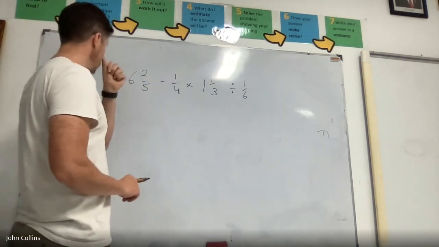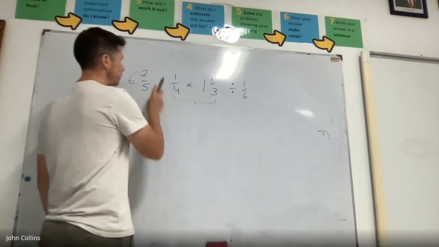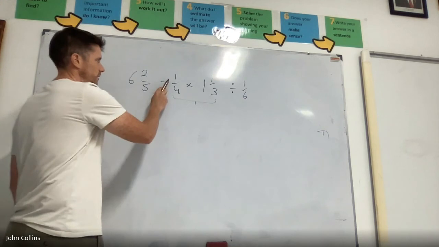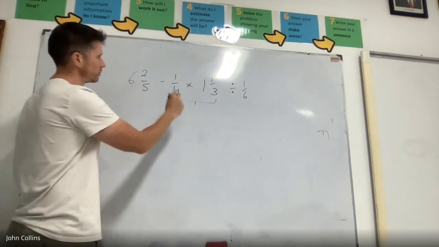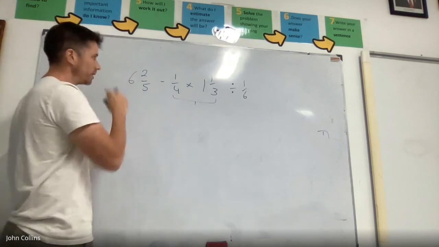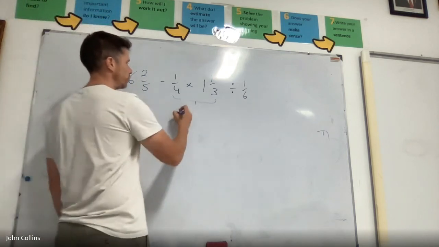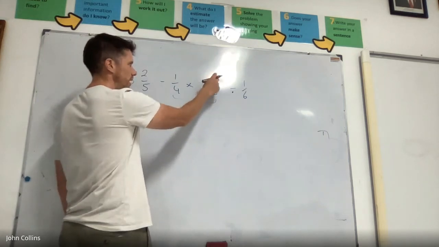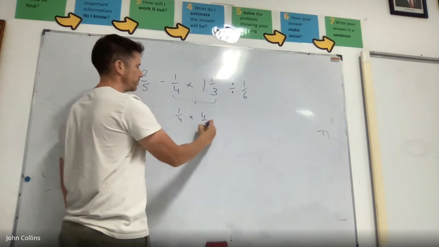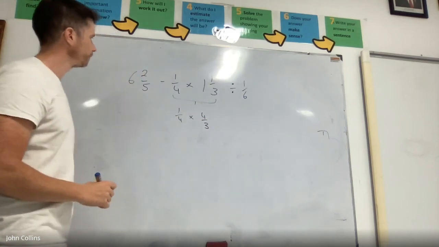Okay. So let's do this multiplication first, because multiplication comes before subtraction. And reading from left to right, multiplication should come before division. So we've got to do this bit first. 1/4 multiplied by 1 1/3. So that's 1/4 multiplied by, let's change this. 1 times 3 is 3. Add it to the top, I get 4/3. 3 plus the 1.